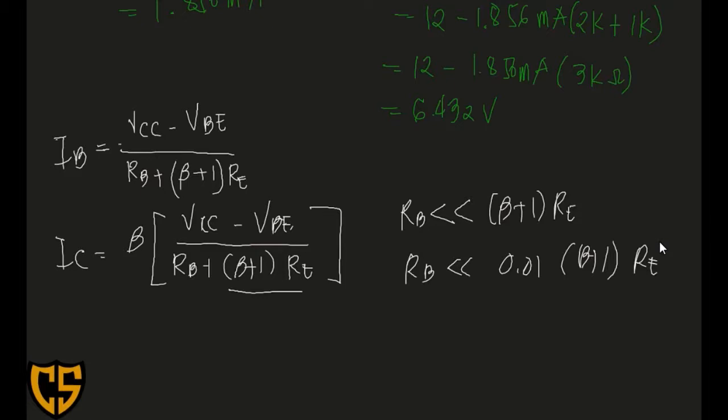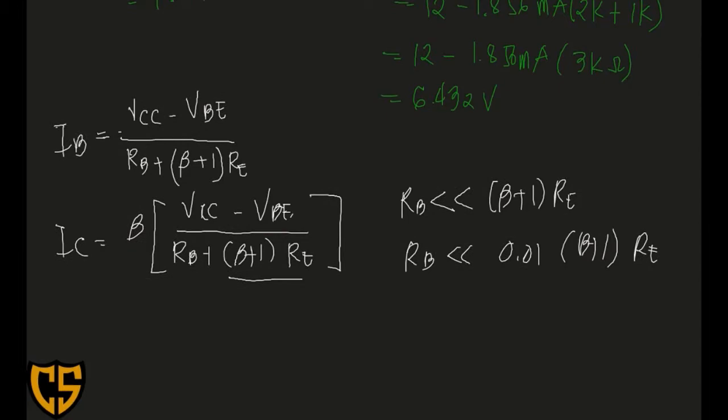So take note, if for example in a certain circuit you are asked the relationship of your IC and IE, based on the previous discussion, the relationship that relates IC and IE is alpha.